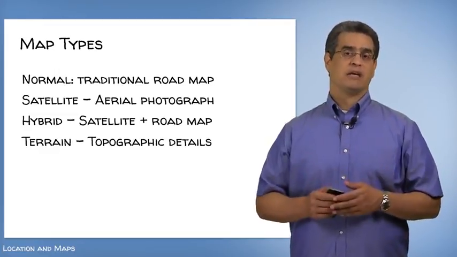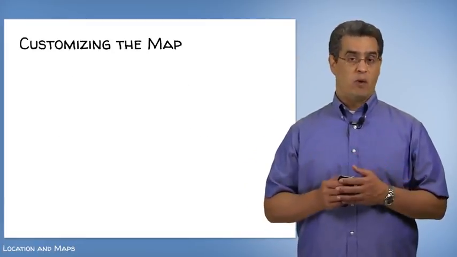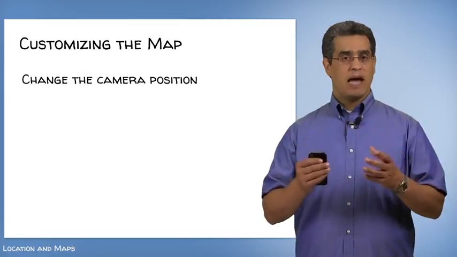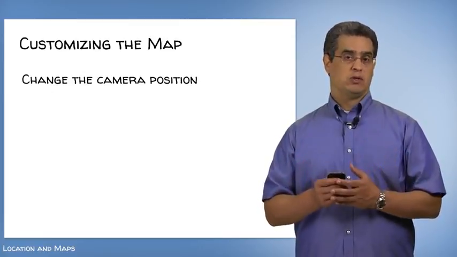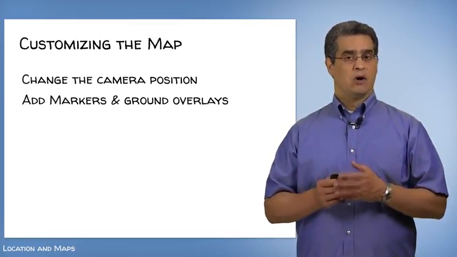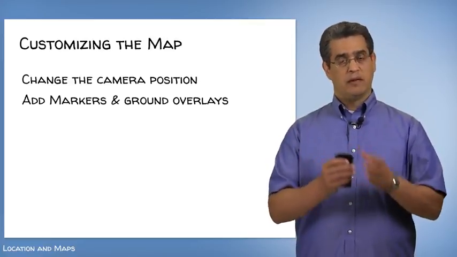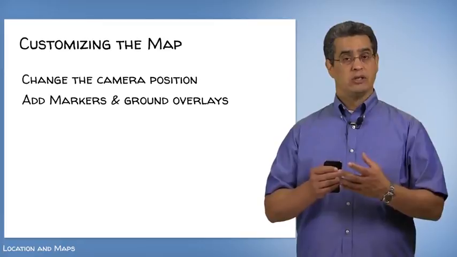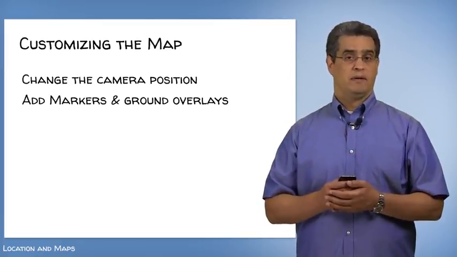Android allows your application to customize maps in several ways. For instance, you can change the area of the map that's visible to the user. You can add icons called markers at specific places on the map, and you can add overlay images on top of the map.